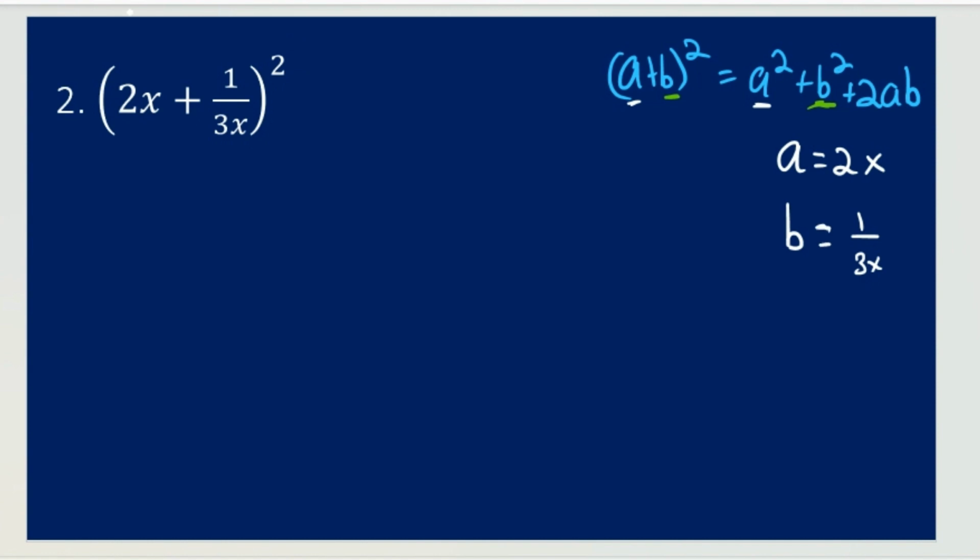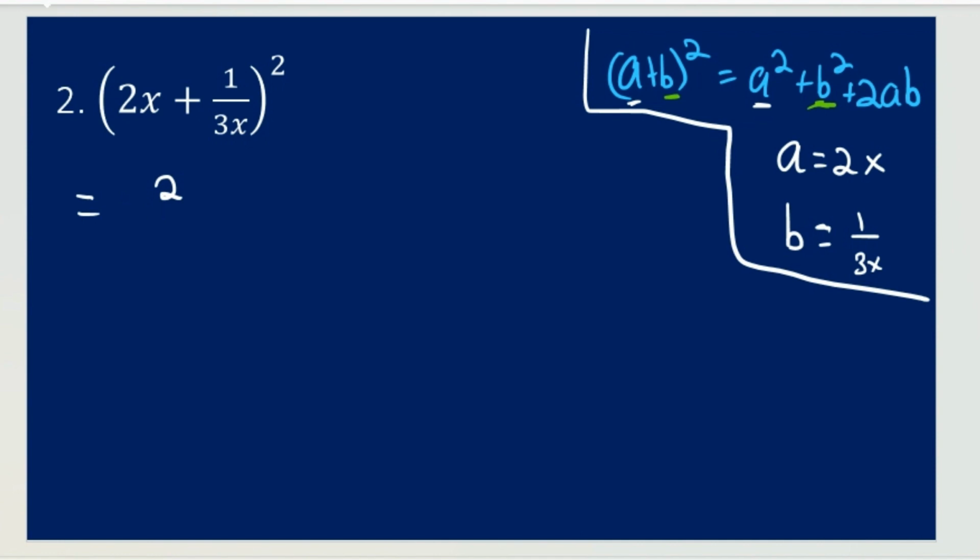Okay, so now we got what a equals and what b equals. So now, what does this equal? Let's solve it using this formula. A equals 2x. According to the formula, it's first a squared, but a equals 2x, so we're going to substitute.